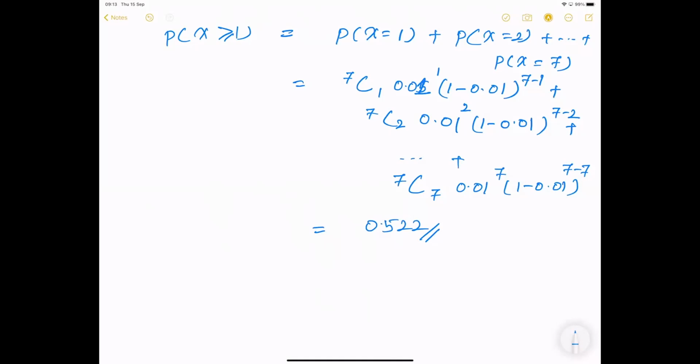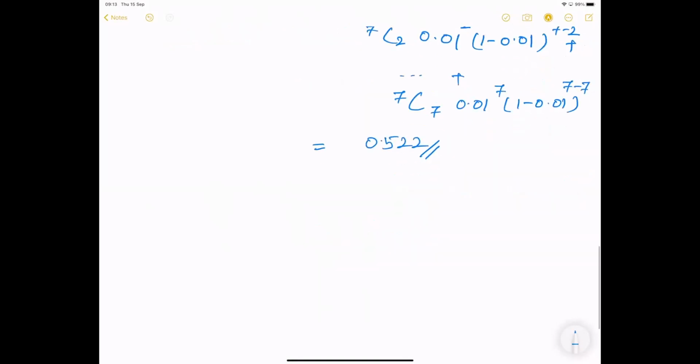Part C. If two nuts manufactured by machine A and two nuts manufactured by machine B are selected at random. Two nuts from machine A, two nuts from machine B are selected at random.